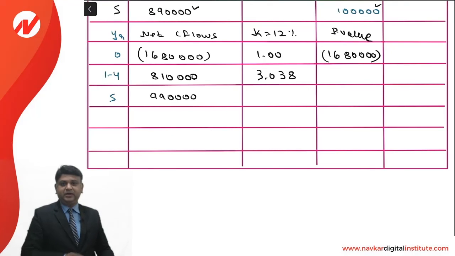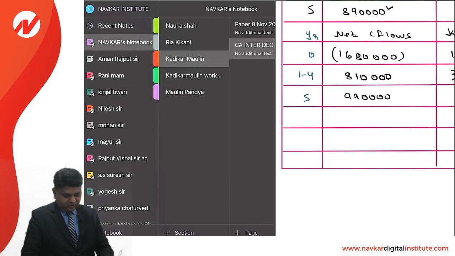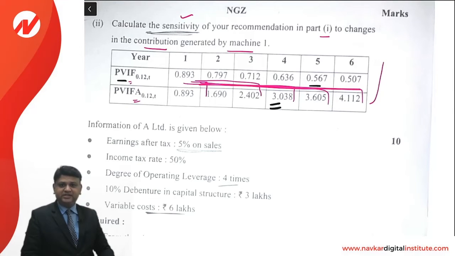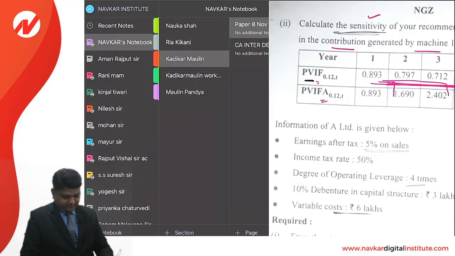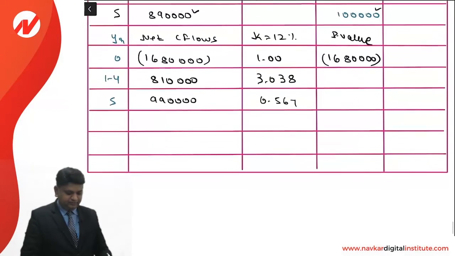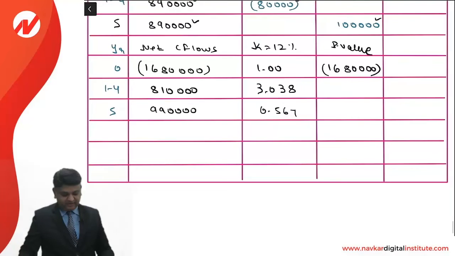In the 5th year, we will discount the 5th year cash accrual with the 5th year factor. So PVIF at 12% for the 5th year is 0.567. So we'll apply over here 0.567.